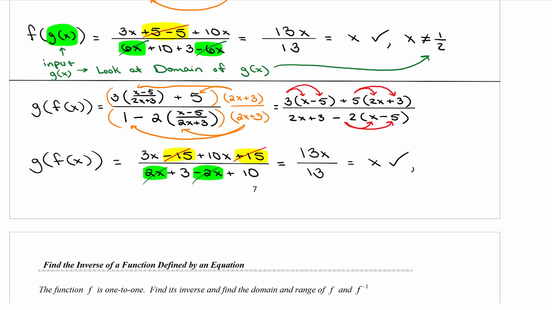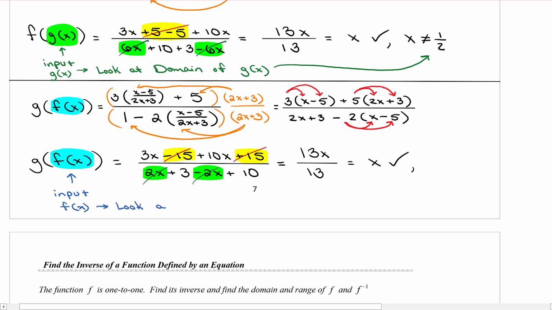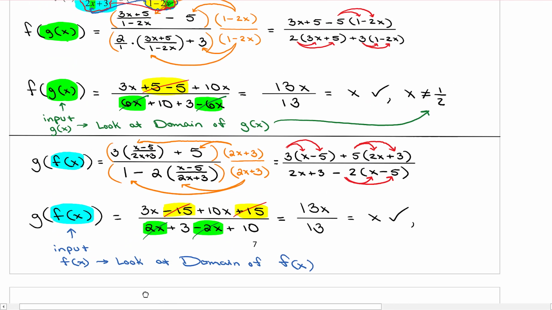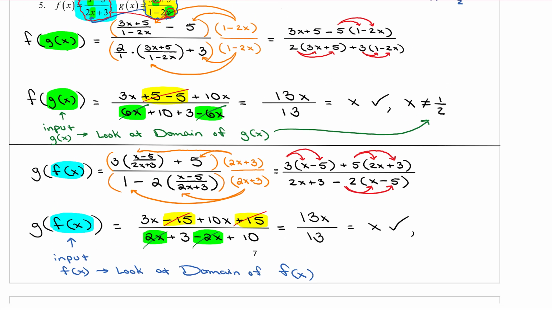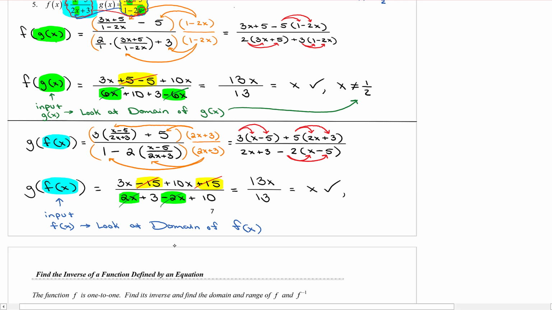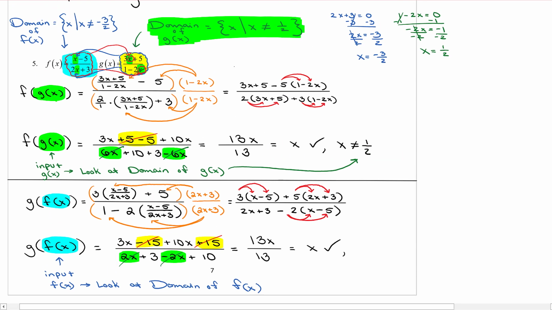And what's the domain, or what are the restricted values? F of x was the input, so that's what we're going to focus on. So what was the domain of f of x? Let's go back to my domain up here.